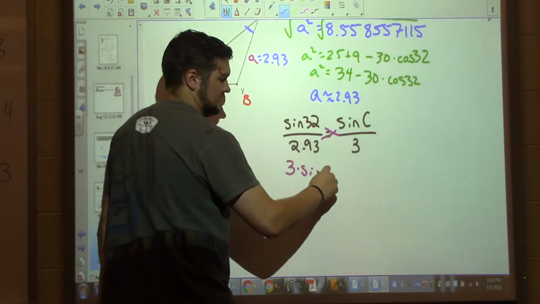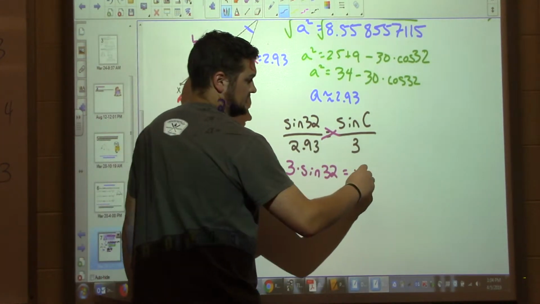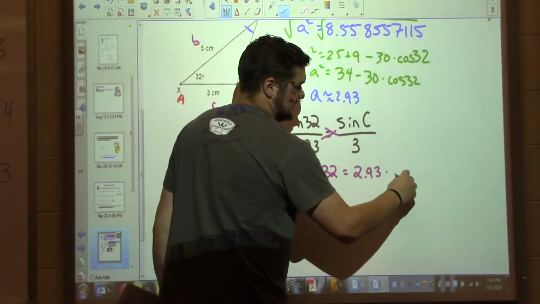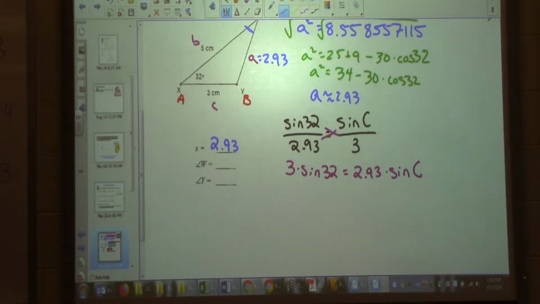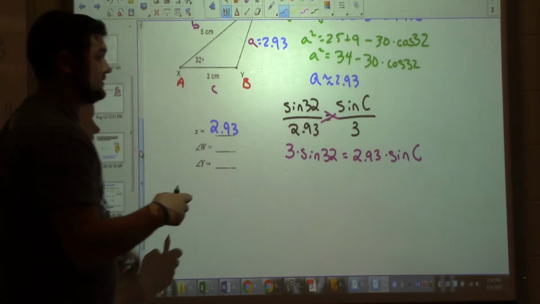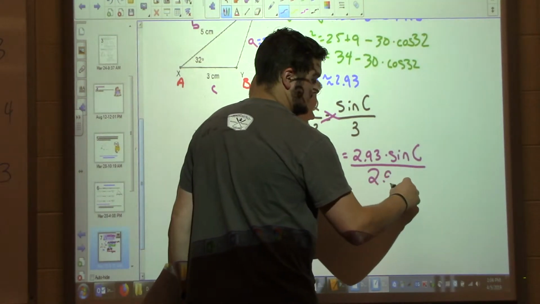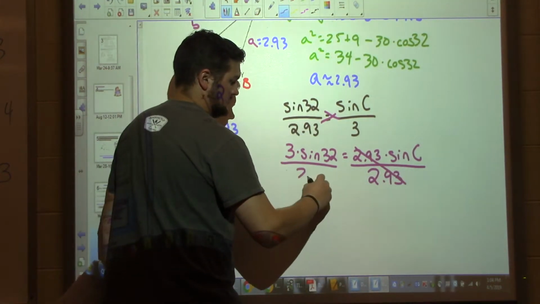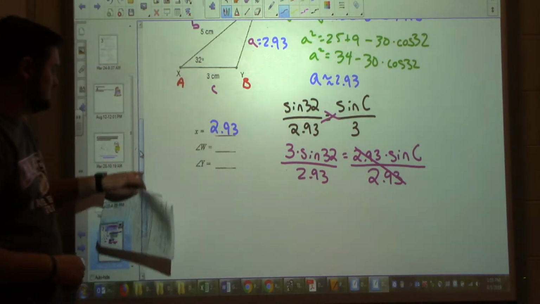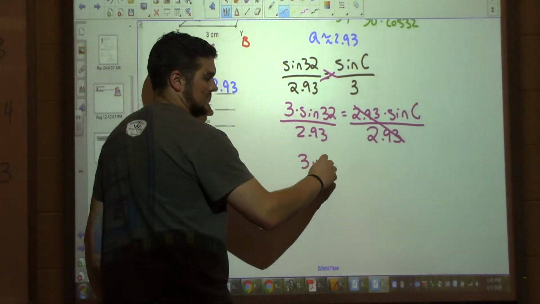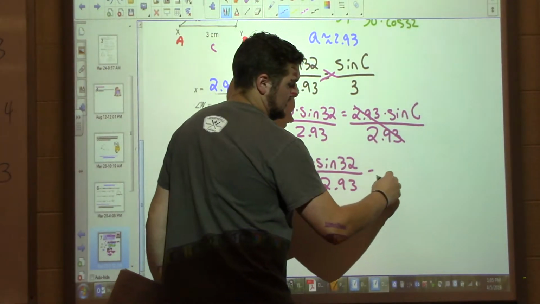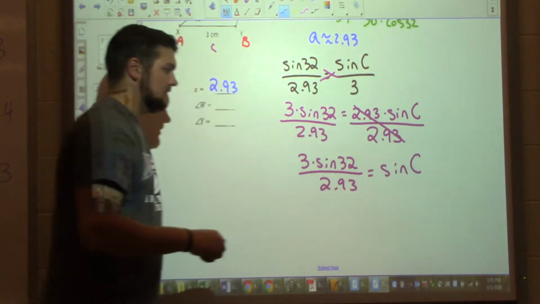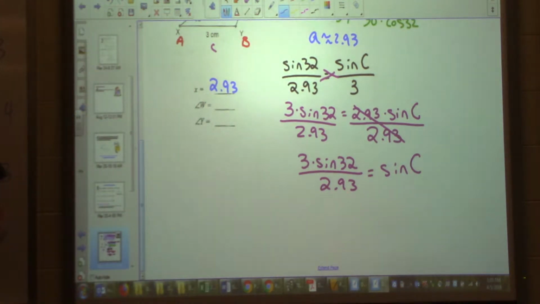3 times sine of 32 equals 2.93 times sine of C. Well, divide by 2.93. So you get 3 times sine of 32 over 2.93 equals sine of C. Do I want the sine of C, or am I looking for just C?